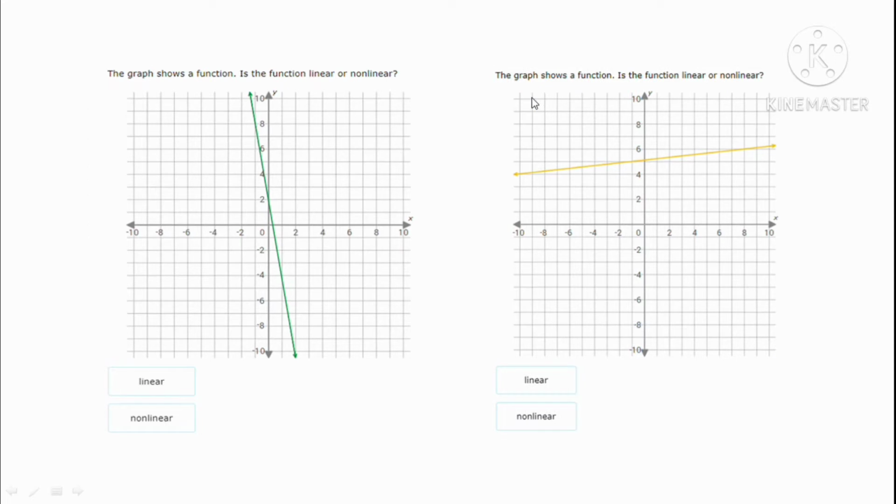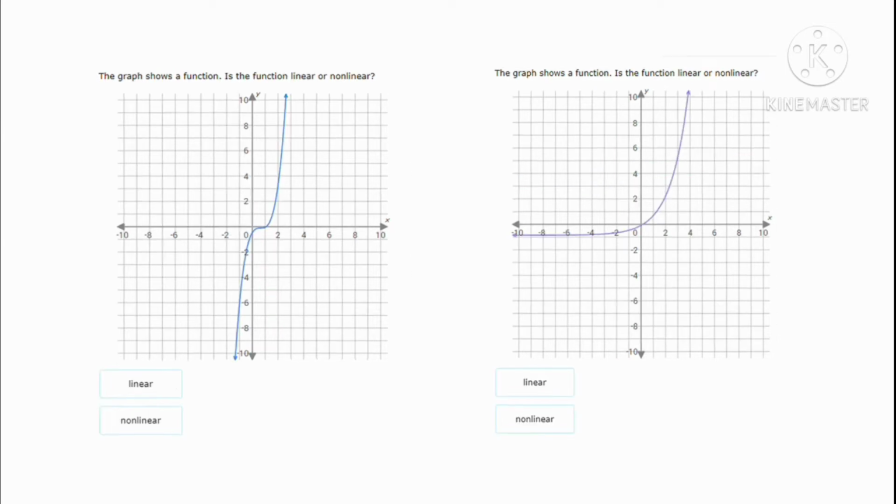So next, is the first picture linear? Sure, it is a linear graph. And the second picture, is it linear? Yes, it's a linear graph. Well done.